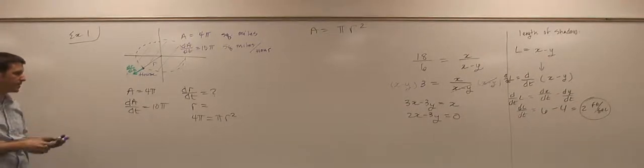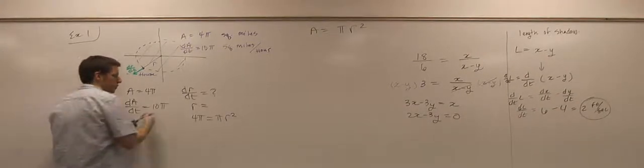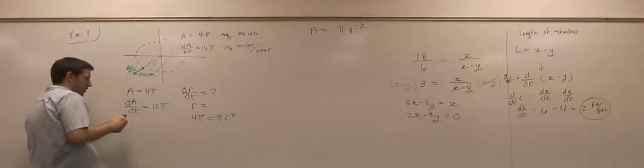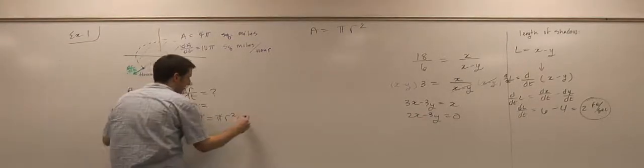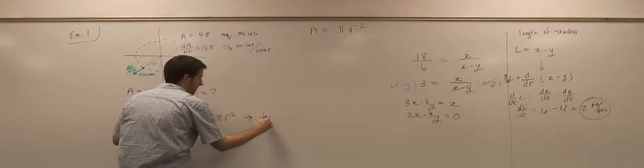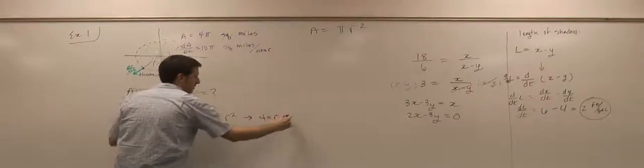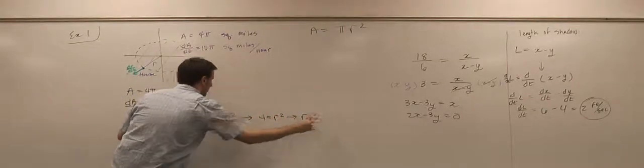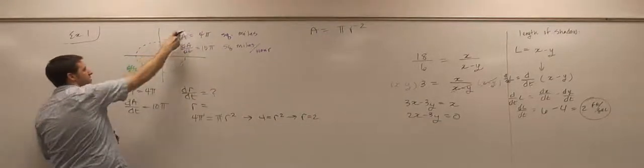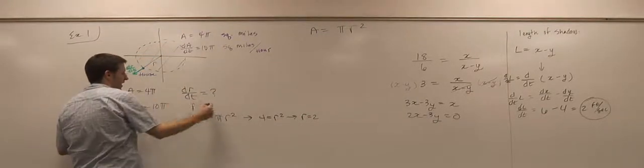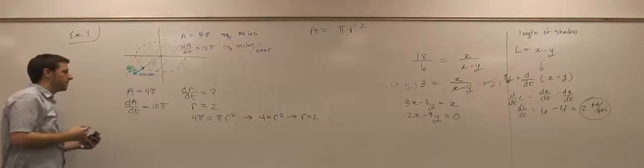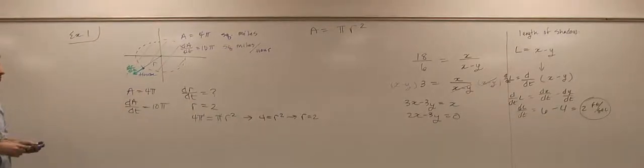The pi's cancel. R squared equals 4. It doesn't make any sense to have a negative radius. So when the area of this circular region is 4 pi, I know my radius has to be 2. And then I have enough information to solve for dr dt.